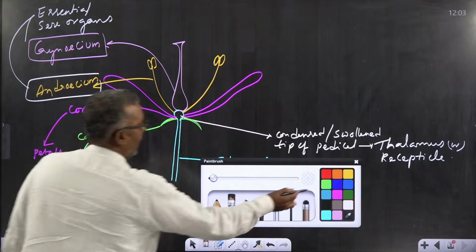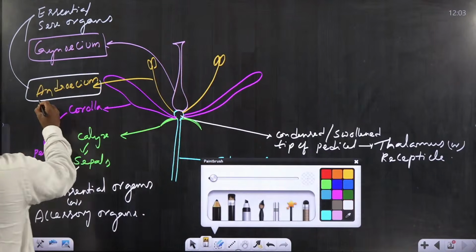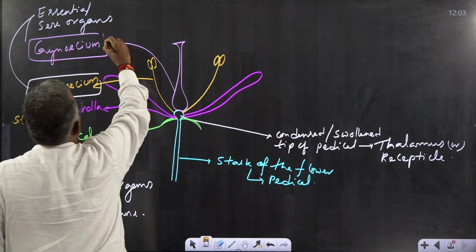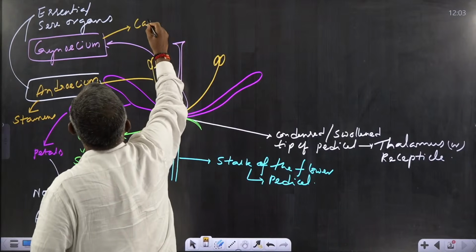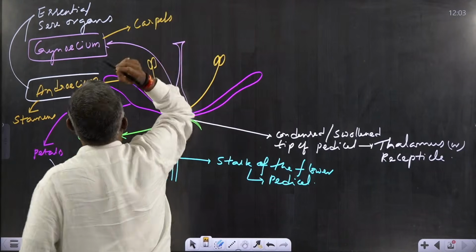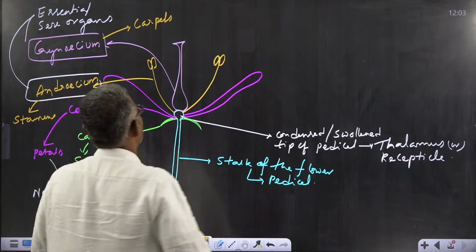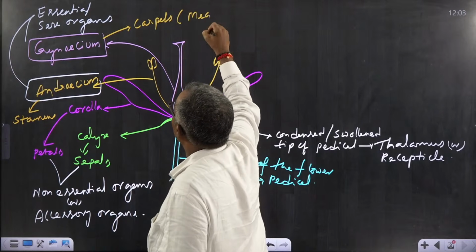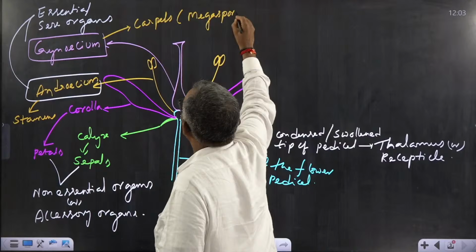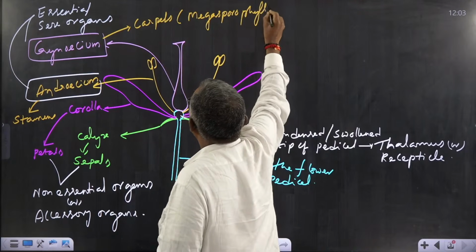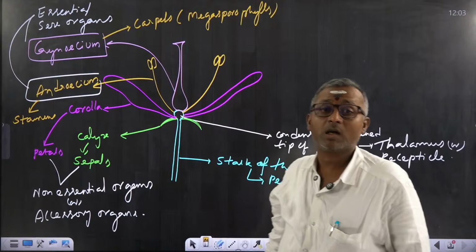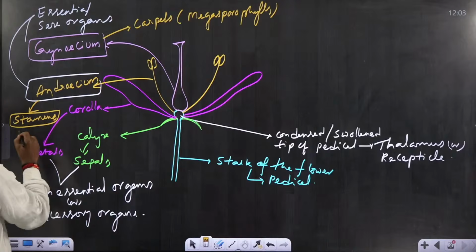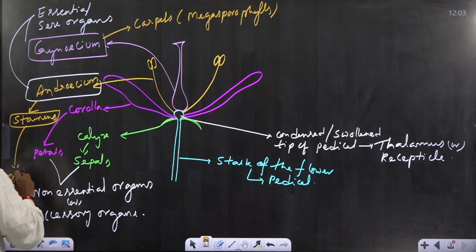Now, as I said, androecium is made up of stamens, and gynoecium is made up of carpels. Remember, I am using another important term here. The carpels are also called megasporophylls. Similarly, stamens are also called microsporophylls.